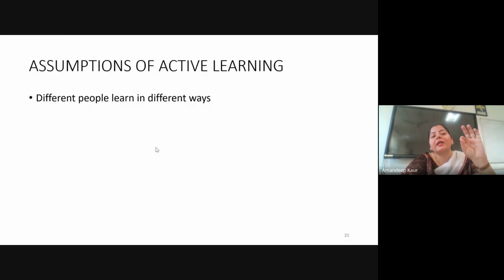Some may be verbal learners, some kinesthetic learners, some naturalistic learners, some auditory learners, some visual learners. Depending upon the formalized learning experiences, we all develop our learning patterns, so every person learns in a different way.